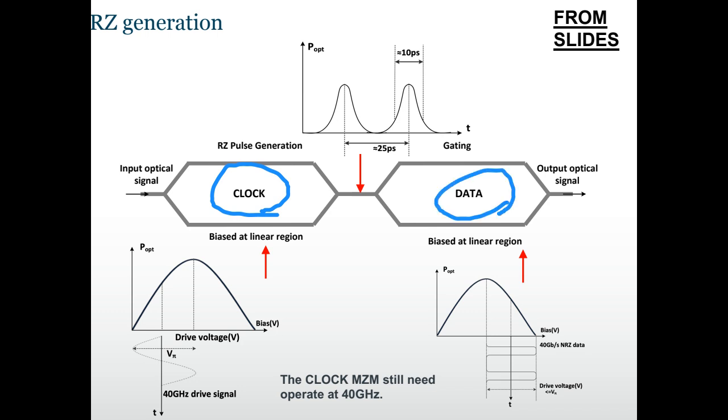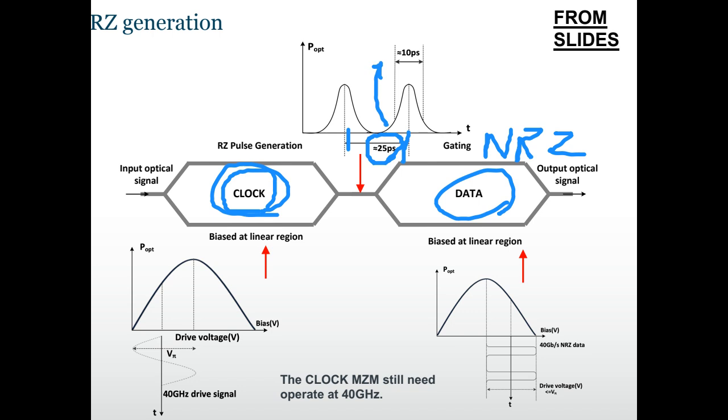This data signal is exactly the same as non-return to zero, and then we multiply this with a clock signal. So if we want 40 gigabits per second data rate, then the pulse period, what is a period? It's peak to peak. So this is 25 picoseconds. This corresponds to 40 gigahertz.